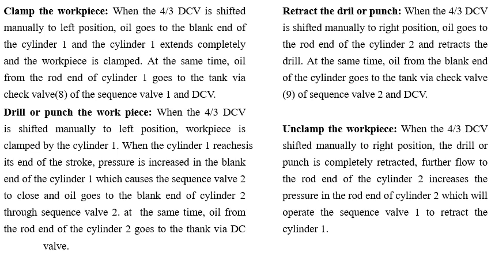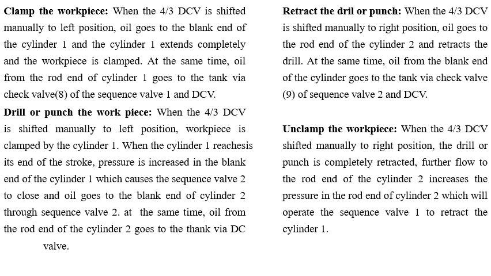The sequence of operation is: first, cylinder 1 extends; second, cylinder 2 extends. It means cylinder 1 clamps the workpiece, and cylinder 2 performs any punching, drilling or machining operation.